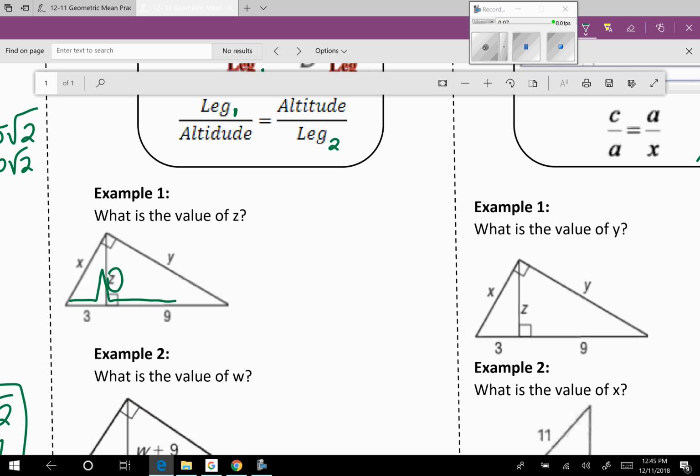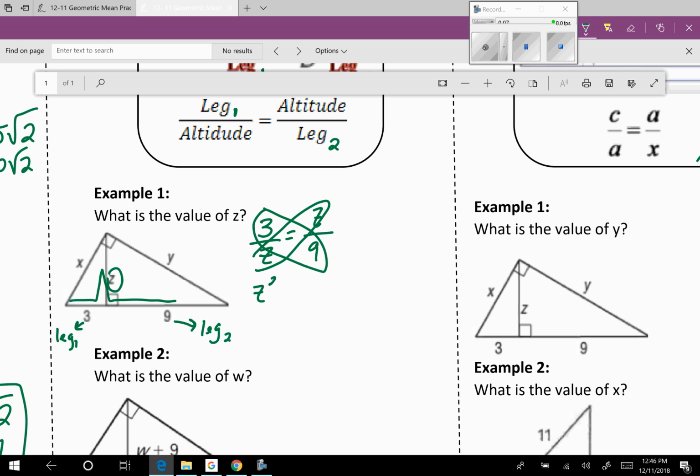So we have leg 1 and then leg 2, which is 9. Okay, so we have leg 1, so that's 3 over z, which is equal to the altitude again, so that's z over leg 2, which is 9. So now we do our cross products just like we did before.